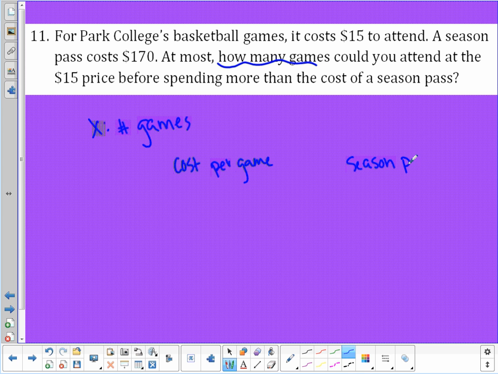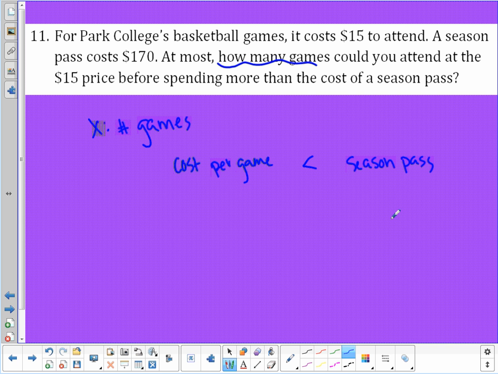That's the other option that I could have for the games. So we want to know how many games you can attend at the $15 price before spending more than the cost of the season pass. So we want this cost to be less than the cost of a season pass. That's going to be our inequality symbol. All right, so now let's fill in the values.